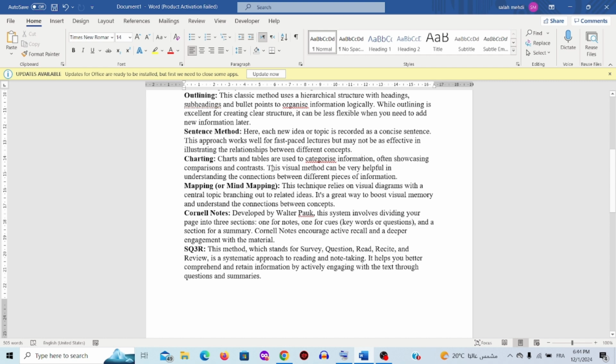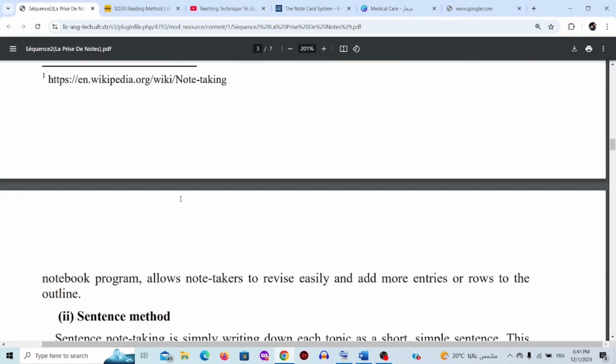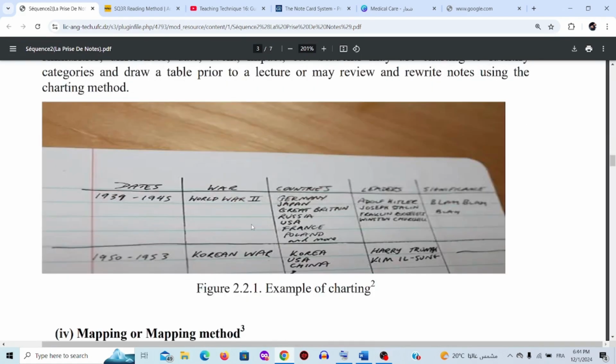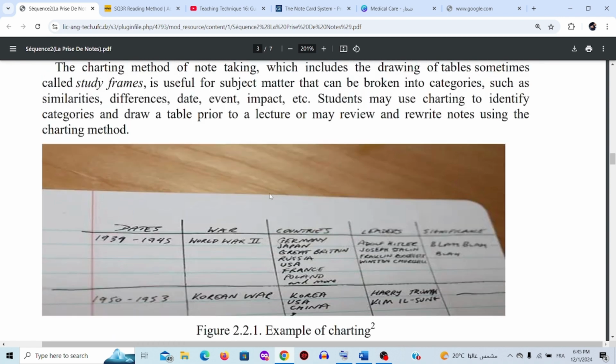This visual method can be very helpful in understanding the connections between information. For example, here we have charts. We have dates, and here we are organizing historical dates, and which war, for example, and some information related to history.